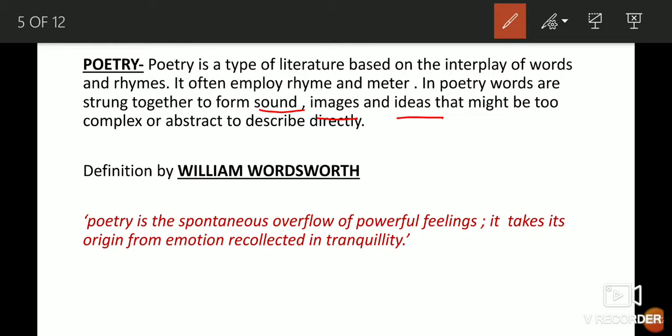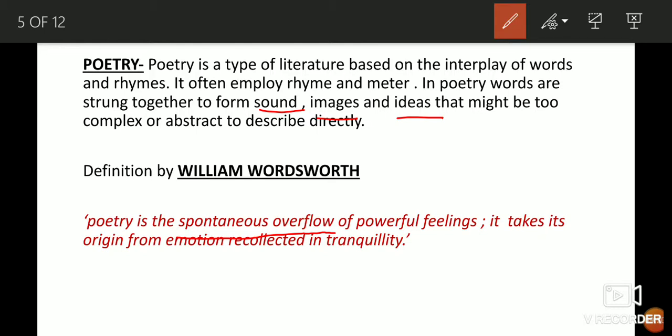Do you understand these words? Spontaneous overflow means, what do you understand by this phrase? Means एकाएक व्यक्ति के हृदय से काव्यात्मक भाव का प्रस्फुटन होना, अपनी भावनाओं, विचारों का प्रस्फुटन होकर होना, जो कि लेखन के माध्यम से एक पोएट्री के फॉर्म में उसको अरेंज किया जाए.